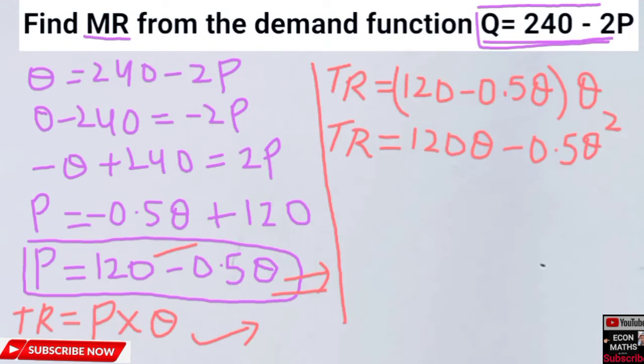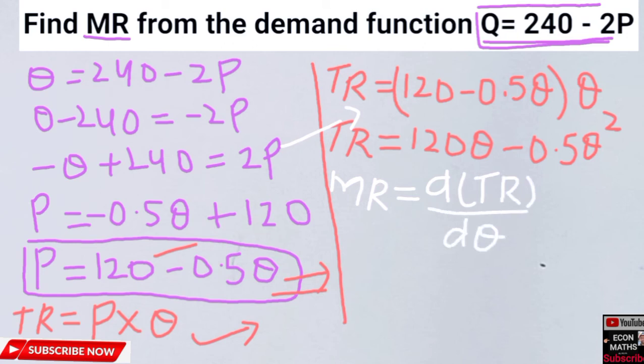Now marginal revenue is just the first derivative of total revenue, that is equal to dTR divided by dQ. That means we have to differentiate this total revenue function with respect to quantity.